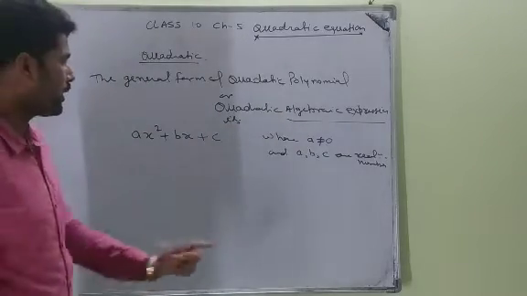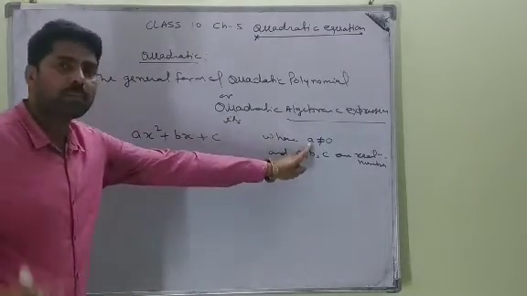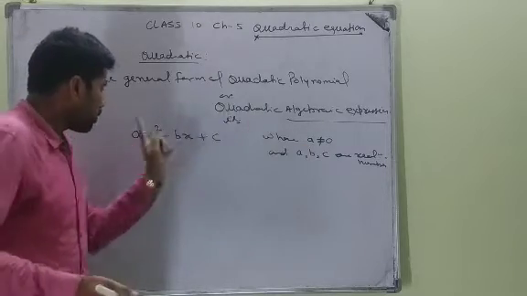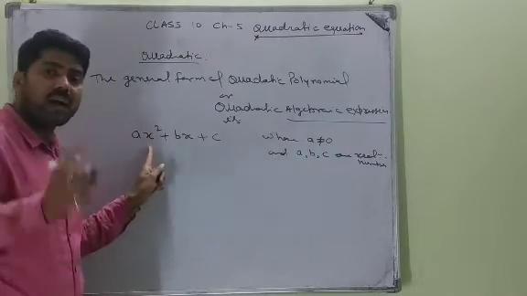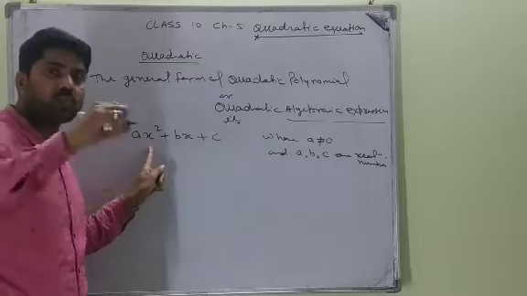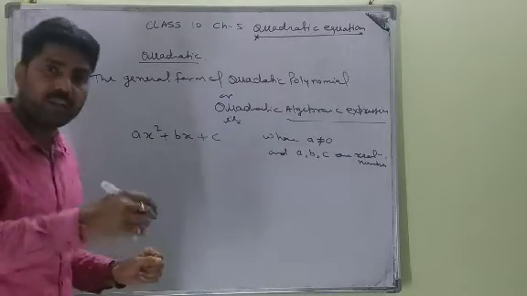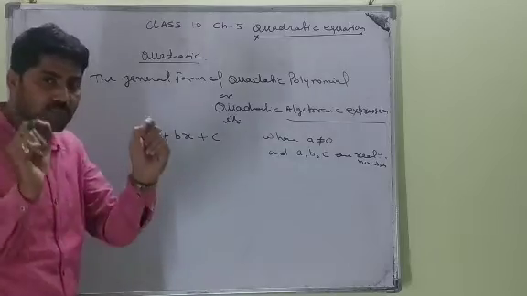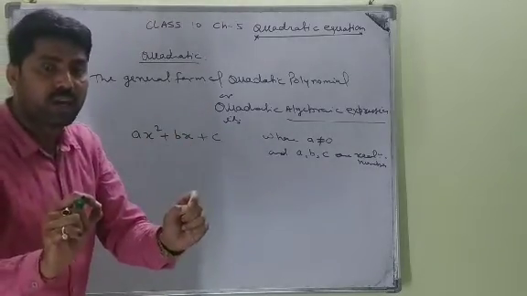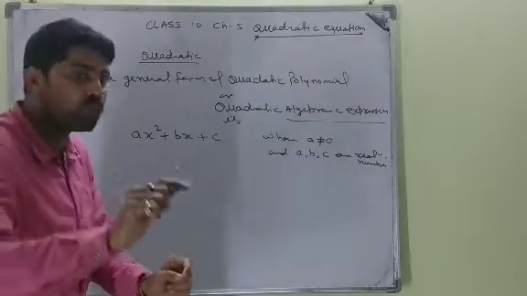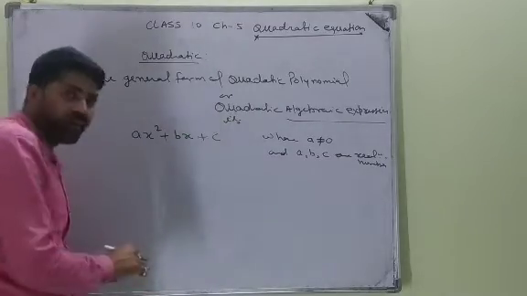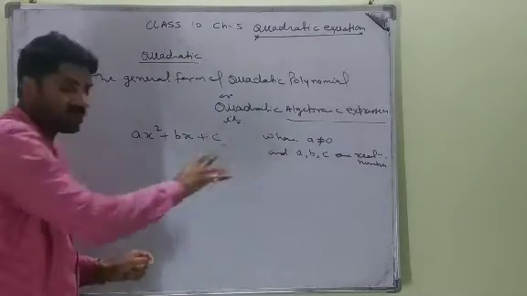Very simple, students. The coefficient of the highest power, that is 2 here, will not be 0. If the coefficient of the variable having the highest power is 0, then it is meaningless.